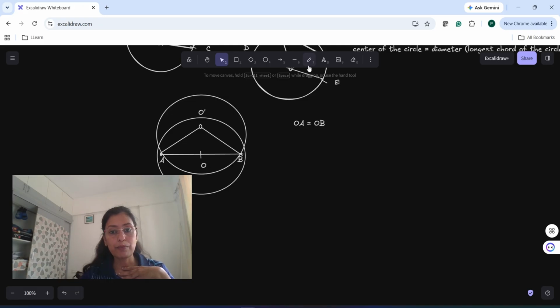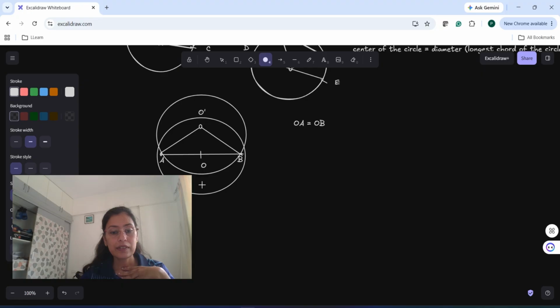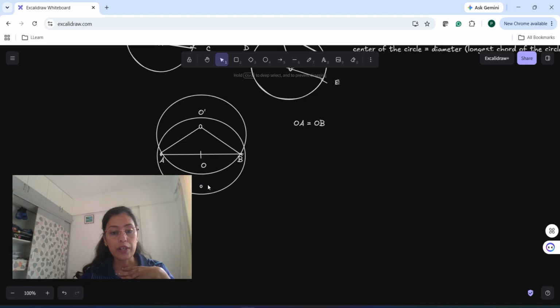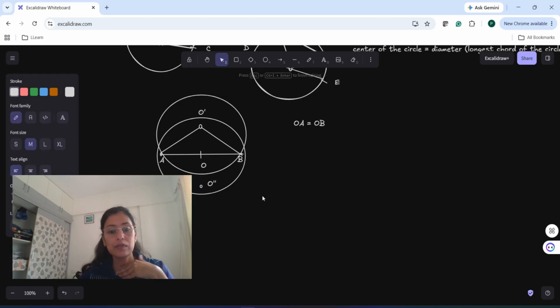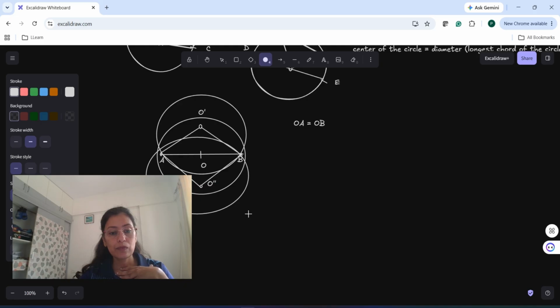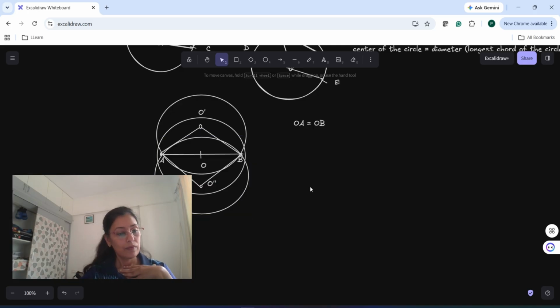Similarly, I can make another circle here. I'll find a point here, let me call it O double dash. Here also, this is a point where the distances to A and B are equal. If I use it as the center, with that distance as the radius, I can make another circle here.